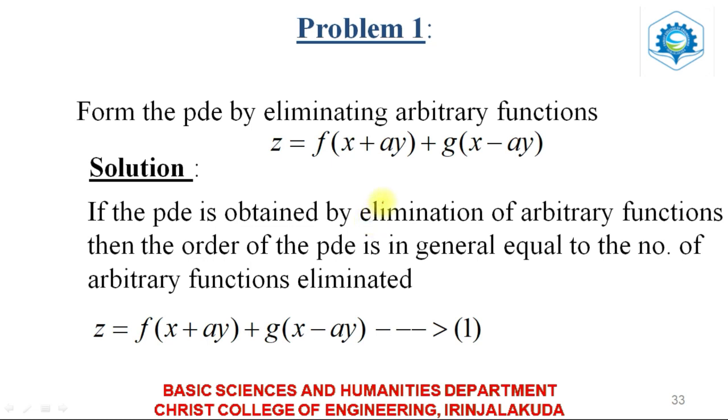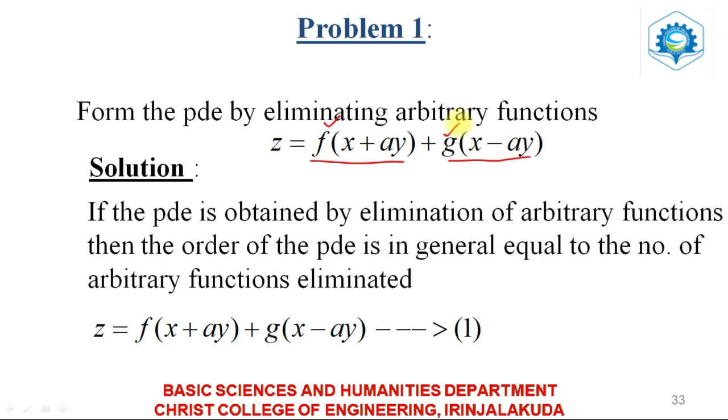Form the partial differential equation by eliminating arbitrary functions from the relation z equal to f of x plus ay plus g of x minus ay. Here f and g are your arbitrary functions. That is, you have two arbitrary functions.